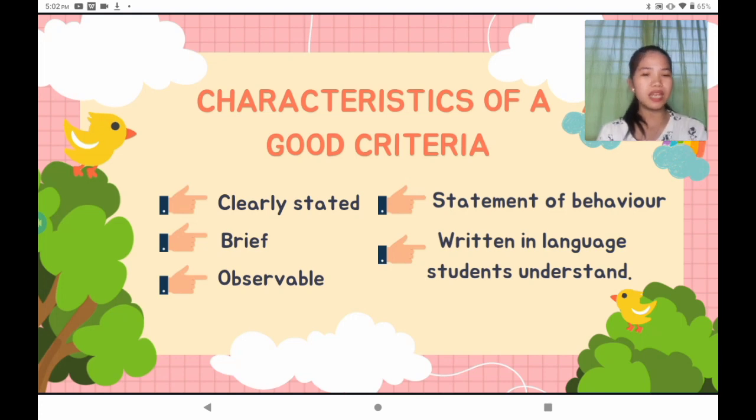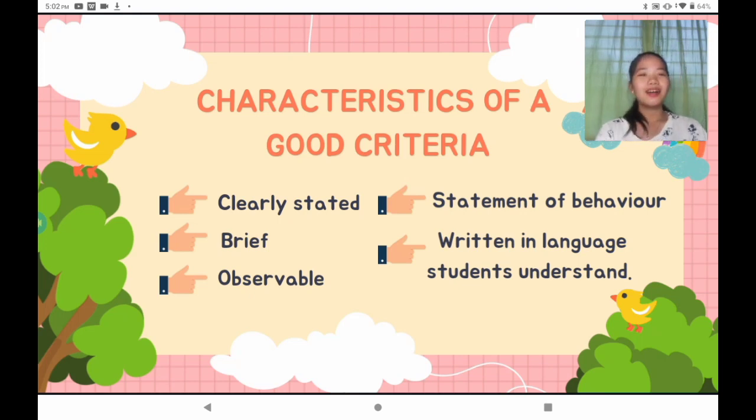And how can students understand or meet the criteria you set if your criteria is not understandable? So, meaning, in crafting the criteria, you should use simple words, basic words. Dili siya mga difficult words because your students are elementary grades. Kinahanglan nga mo level pud sa ilahang ability or sa ilahang panabot.